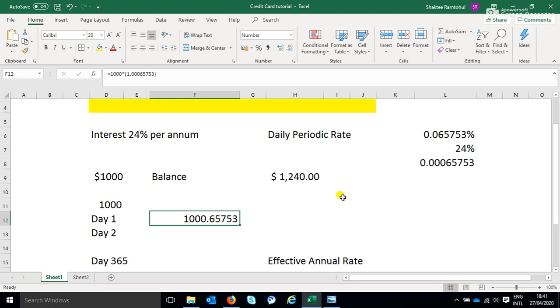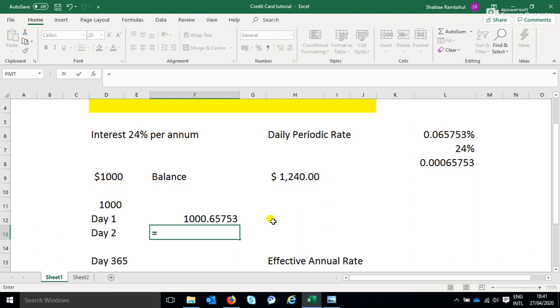Or simply, if you watch my compounding videos, after day two it will be 1,000 multiplied by 1.00065753 to the power of 2. So that will be your balance after day 2.